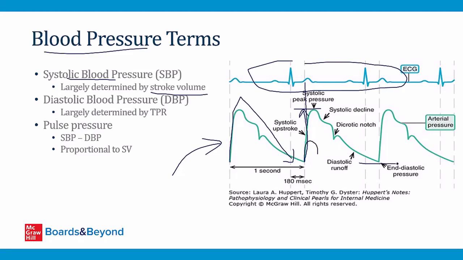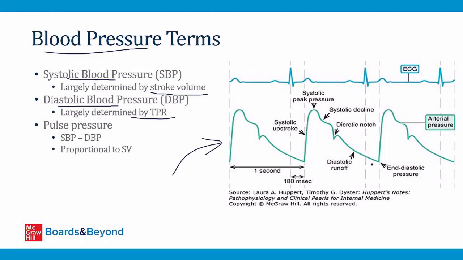And then the lowest blood pressure that occurs in the central aorta is called the diastolic blood pressure. And you should be aware that this is largely determined by the total peripheral resistance. I've cleared away my ink here so you can see that the central blood pressure falls until it reaches the lowest value. That's the diastolic pressure. Well, if there's a lot of TPR, then blood can't flow out of the central aorta.